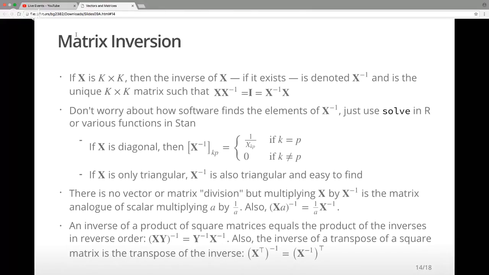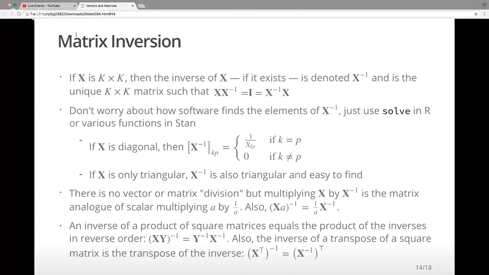And if it exists, it's the unique square matrix such that X times the inverse of X is equal to the identity matrix, and also the inverse of X times X is equal to the identity matrix, because those are both conformable for multiplication.